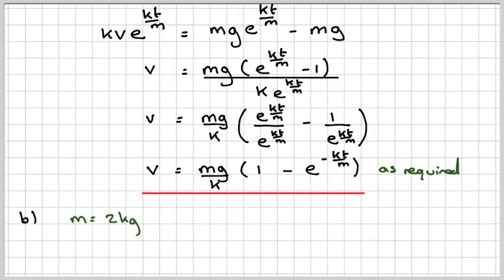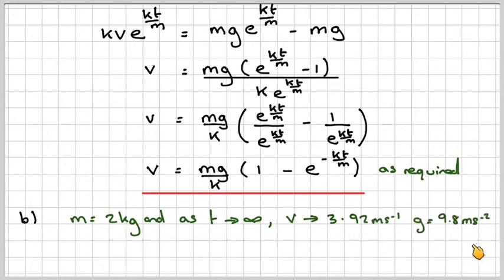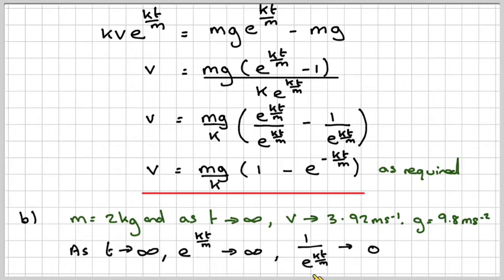So we know that m is 2 for part B, and as t goes to infinity, v will go to 3.92 meters per second, and we know that g is 9.8 meters per second squared. As t goes to infinity, e^(kt/m) also goes to infinity, which means 1 over e^(kt/m) goes to 0.